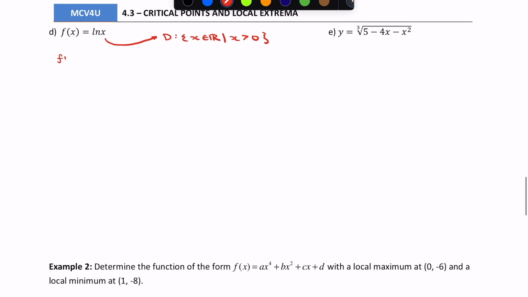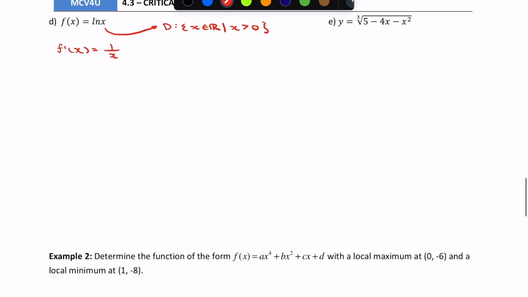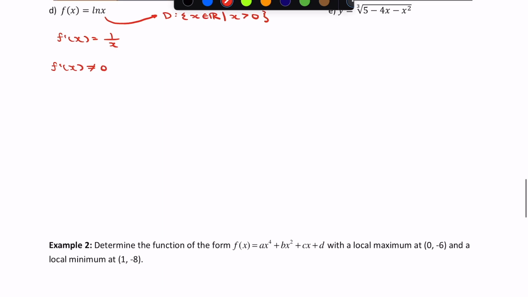So here the derivative f prime of x is equal to 1 over x. And what we see here is that, again, f prime of x cannot be equal to 0, and f prime of x is undefined when x is equal to 0.